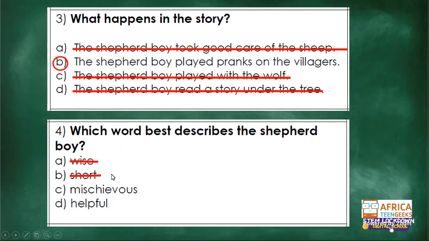False. Mischievous. Mischievous can be right. Helpful. False. So you're right, it's number C, mischievous. Well done. That was excellent.